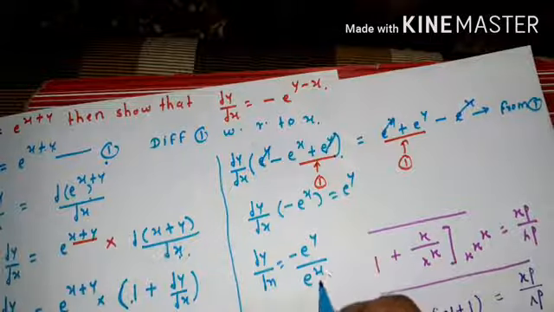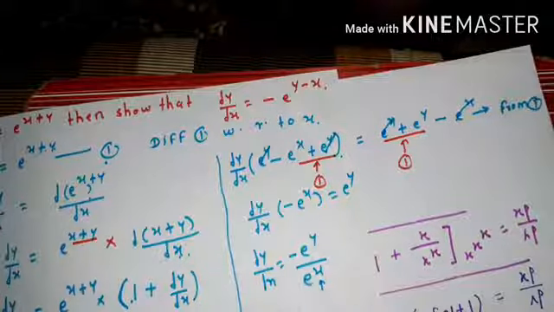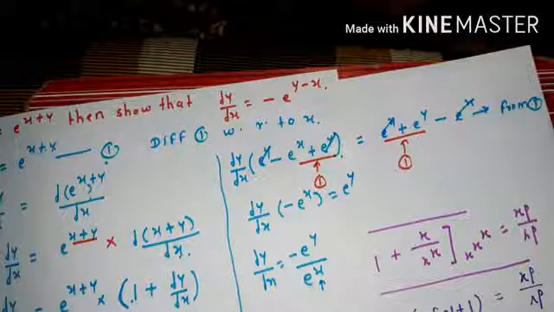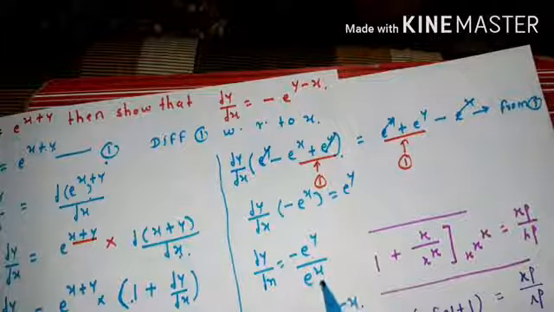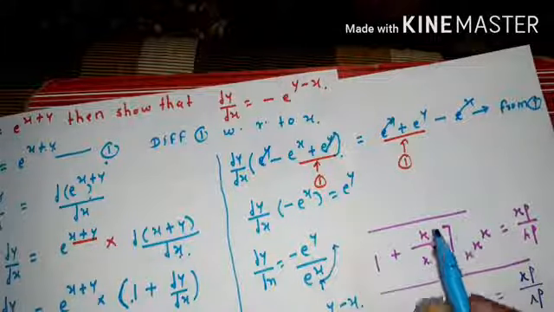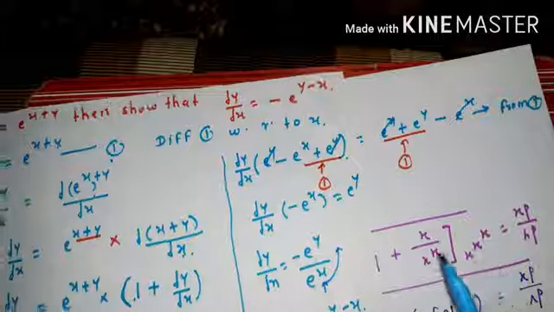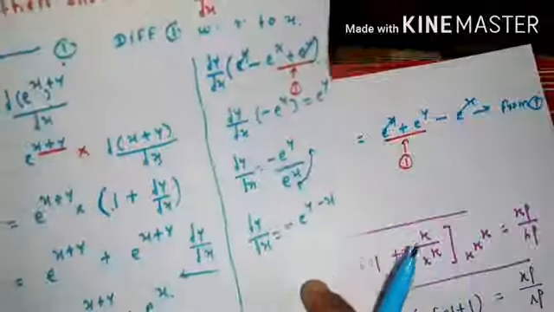And now, division is there, so according to the rules of indices this is minus e raised to y minus x. We have shifted this to the numerator, and in this way we have shown the problem.